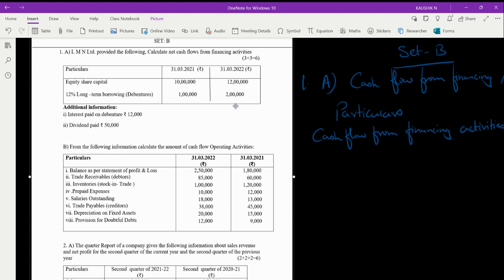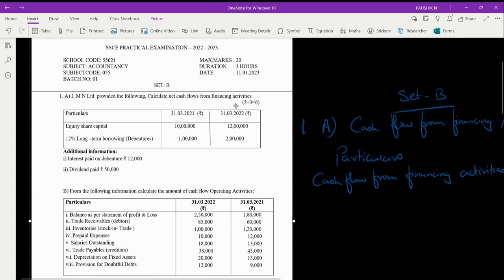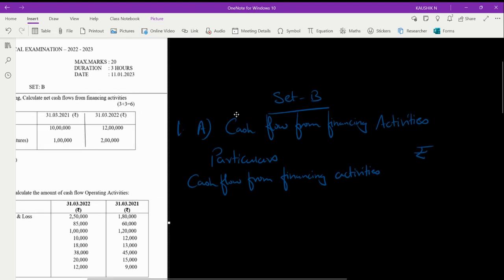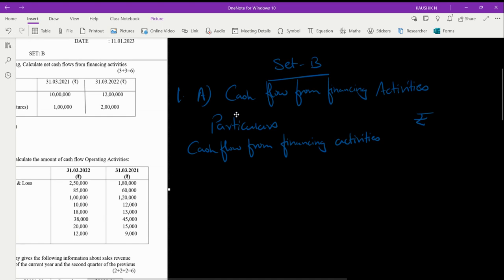To what extent? Very good. So that means increase. So that means it is cash you have received from the issue of equity shares. Okay, so you have to write it now.